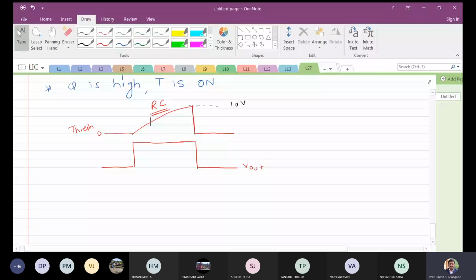Fine. Now let me see if I can show you the timing concept in simulation. I have to search for that.